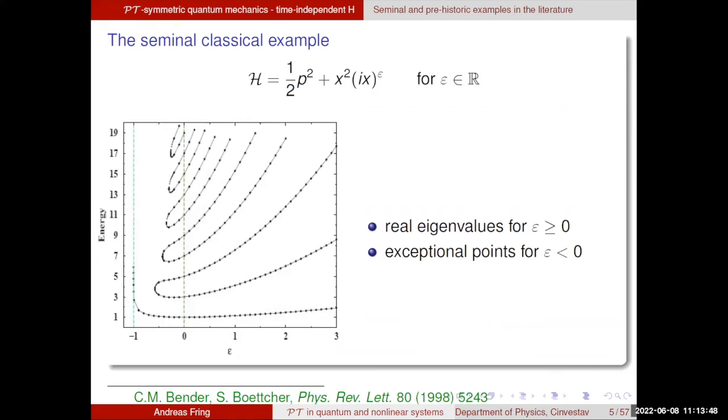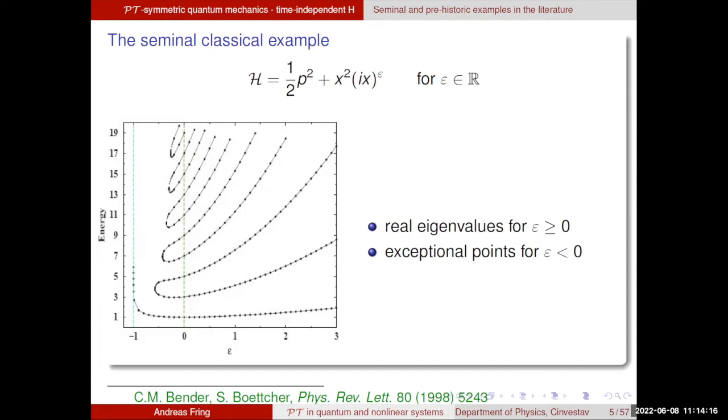And the reason is this. Here's the key observation in this paper. They looked at this Hamiltonian: just the kinetic energy p squared, then the harmonic oscillator x squared, deformed by another term, i x to the epsilon. And what they found is that if epsilon is positive, so epsilon is this power here, and here's the energy, your energy eigenspectrum is real.